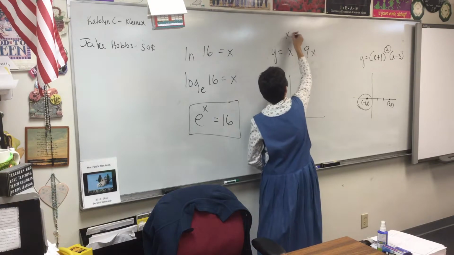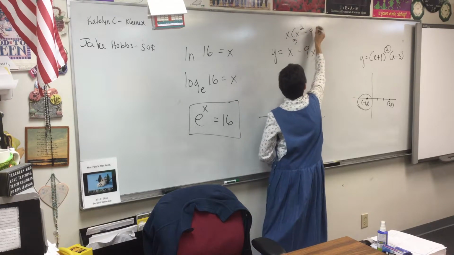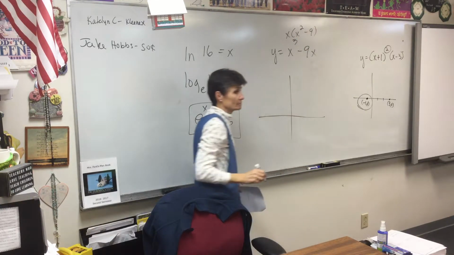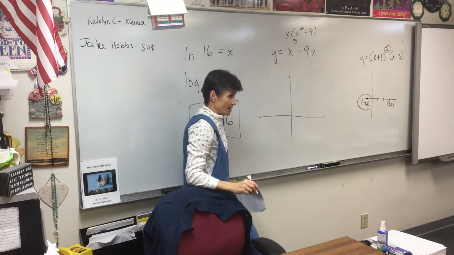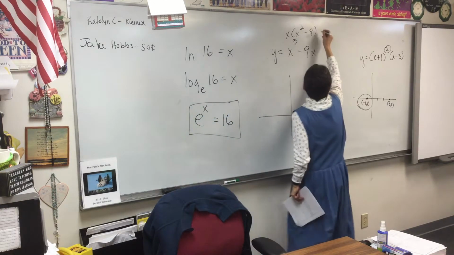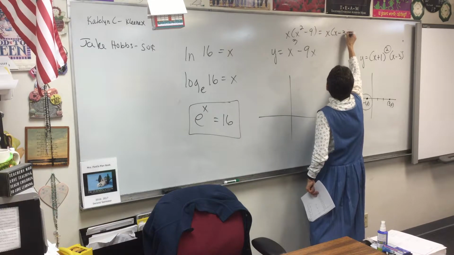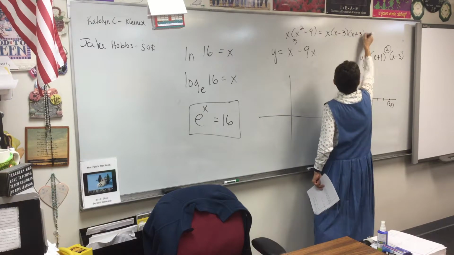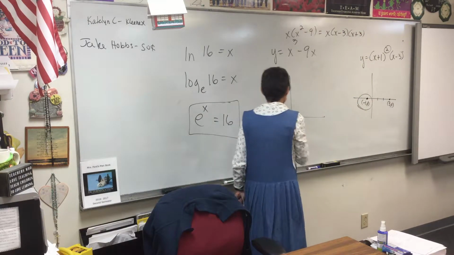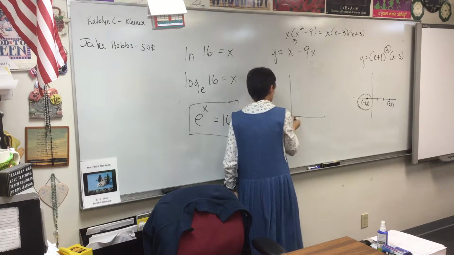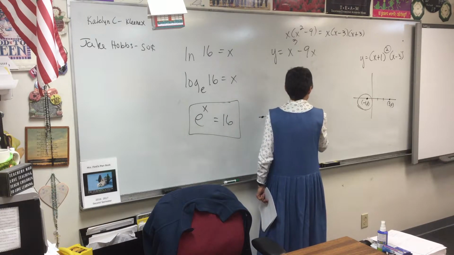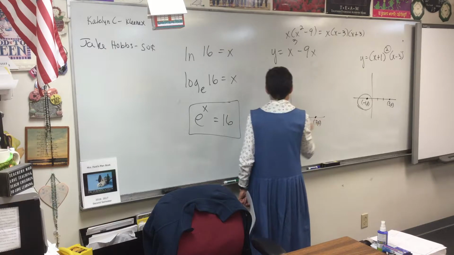So I look at that, I'll take out an x. And then I notice that I'll have x minus 3, x plus 3. And you have to plot that. And I'm going to have 3 dots. Where are my 3 dots going to be? 0, 3, and -3.